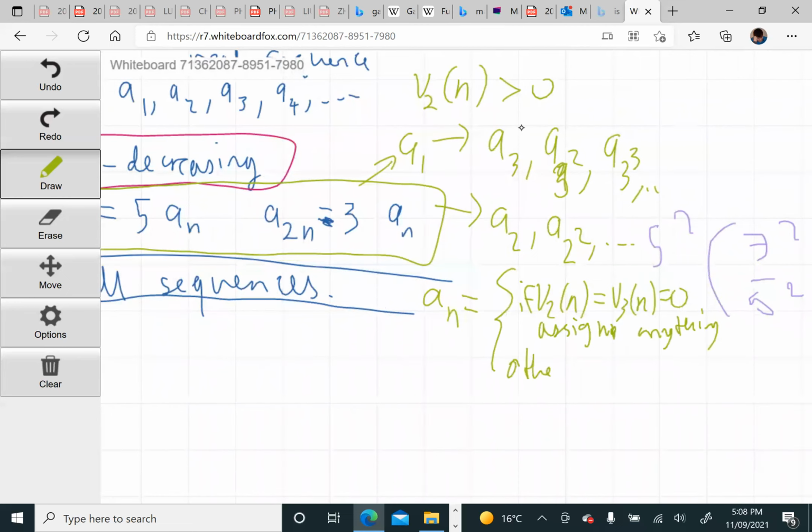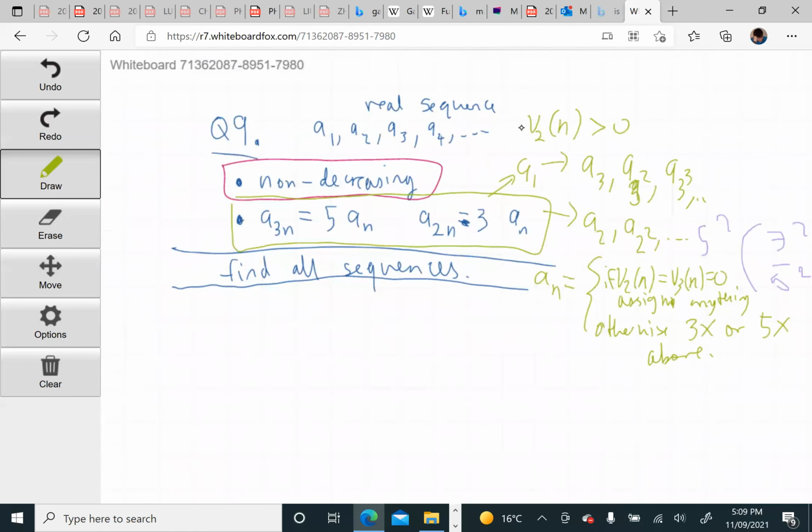And otherwise you have to assign the right multiple of the things that don't have any, so otherwise 3x or 5x above. So it's actually a pretty straightforward condition, but it may be hard to think that generally. And I was like, wow, this seems like a pretty tricky question for AIMO, and then I realized, oh, it says non-decreasing, which I think makes it much simpler.